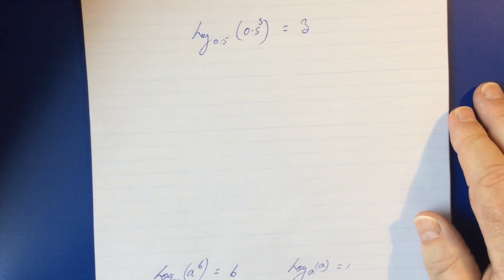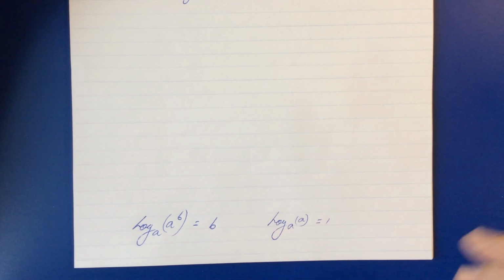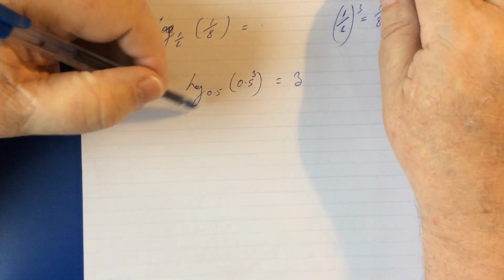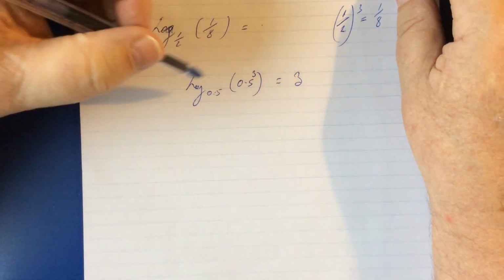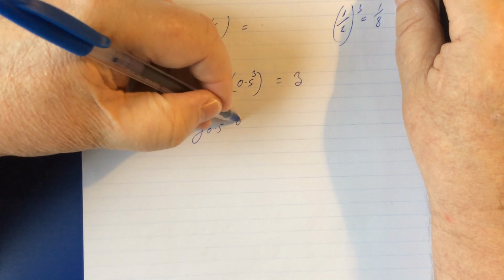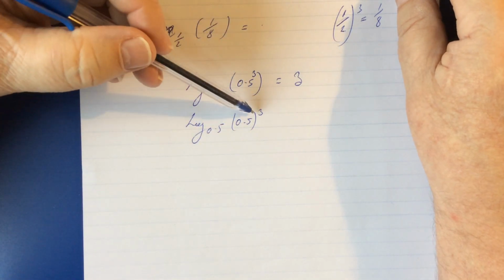Well, there is. We can take a look at this log law here, which tells us log a of a is equal to 1. A to the power of 1 is equal to a. So if we can write this in such a form, and I'll just make this really obvious, I'll put this outside the bracket.